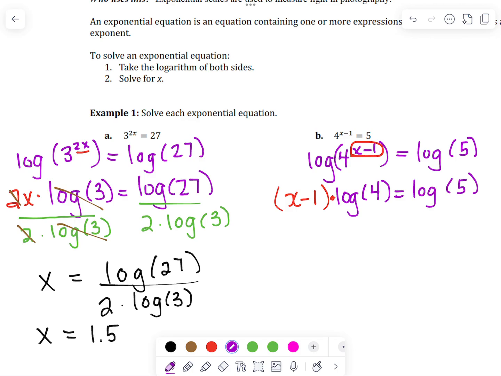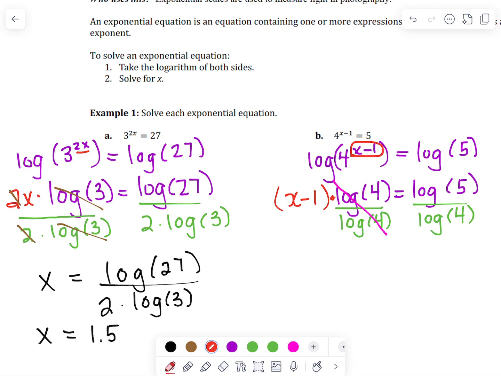Then we want to get that x alone. So the first thing I'm going to do is divide both sides by the log of 4. And why we do that is to remove the log of 4 on the left.